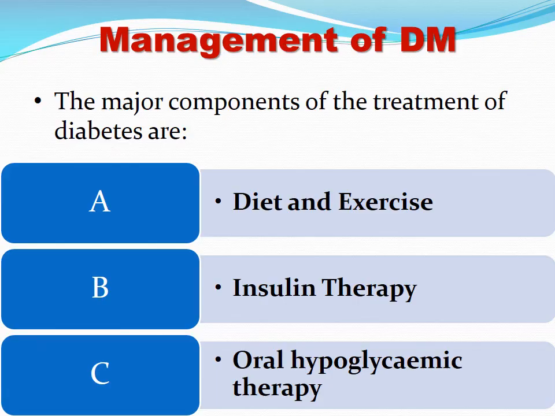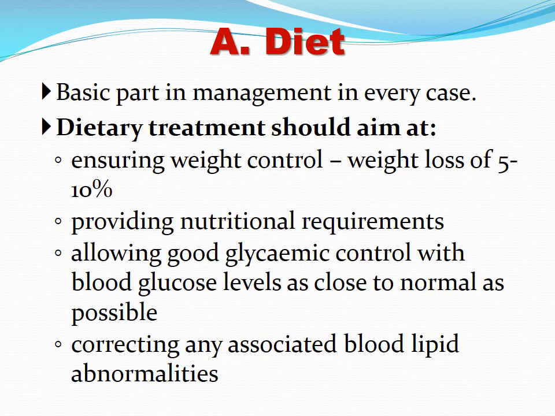Management of diabetes mellitus has three major components: first, diet and exercise; second, insulin therapy; third, oral hypoglycemic agents. First, diet and exercise. Diet is a basic part of management in every case. It should be started with diet control.